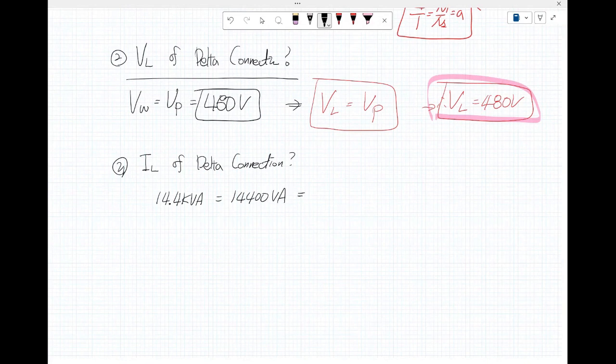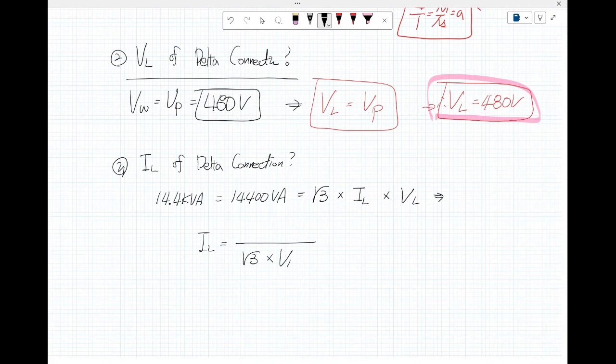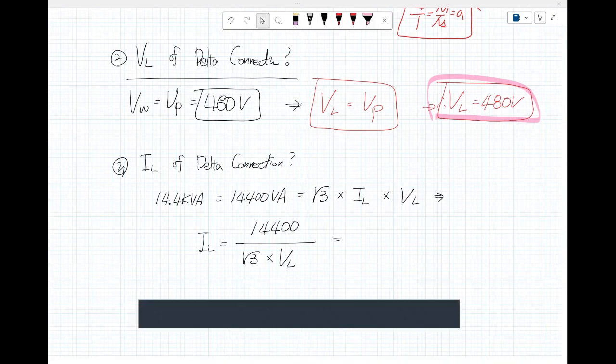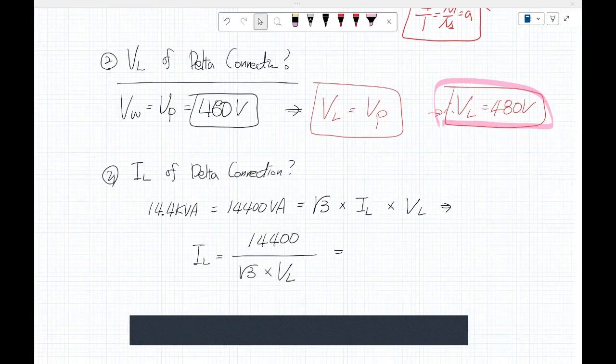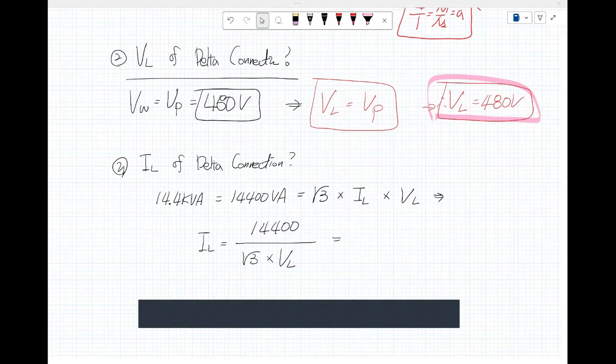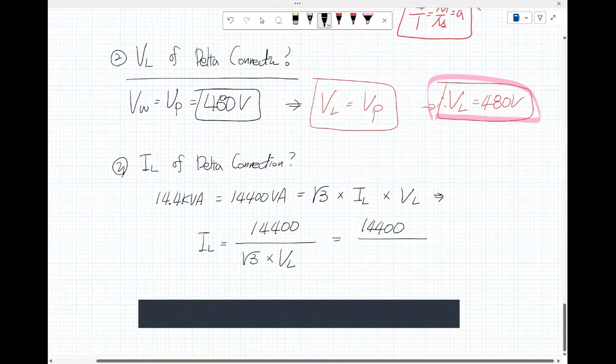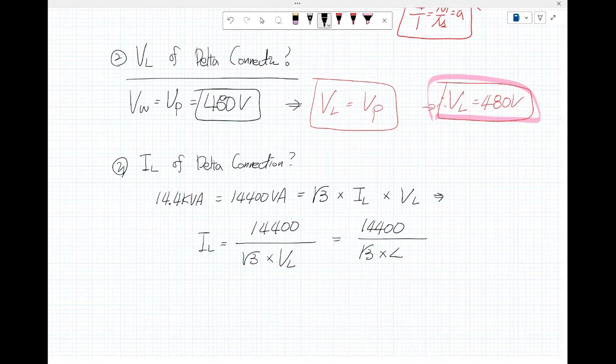For three phase, S equals 3 times V phase times I phase.